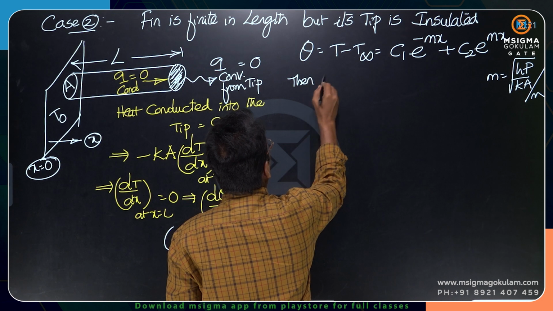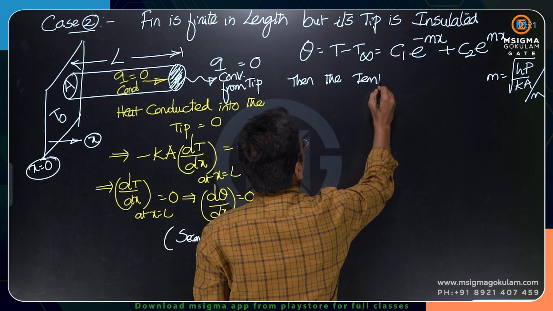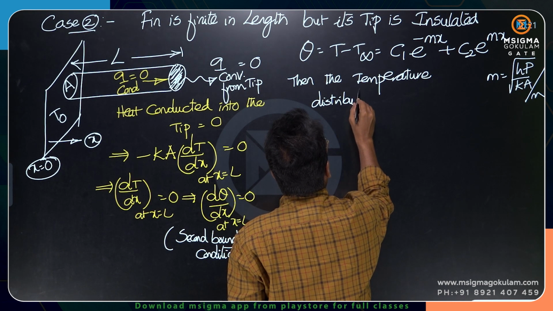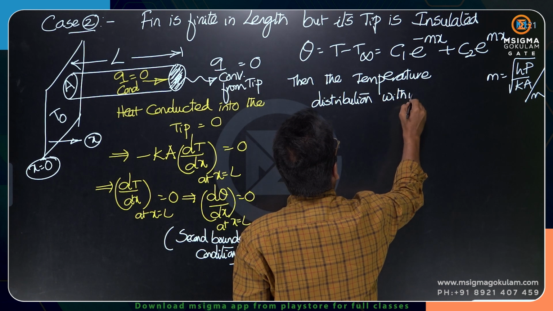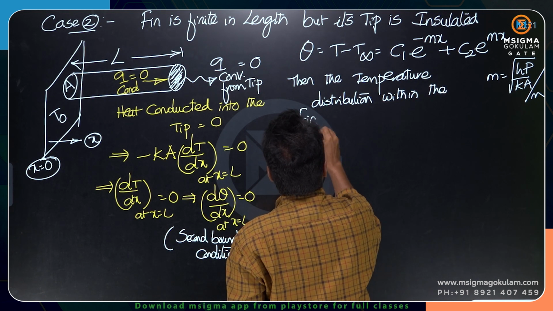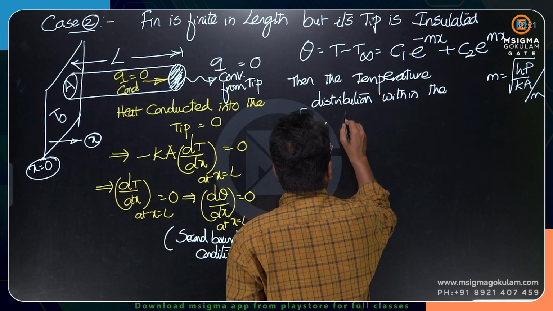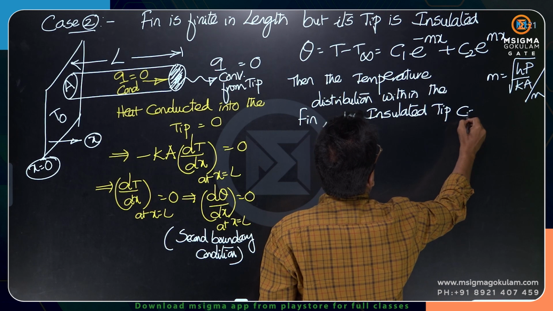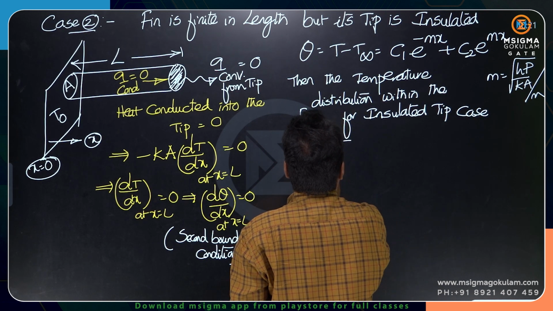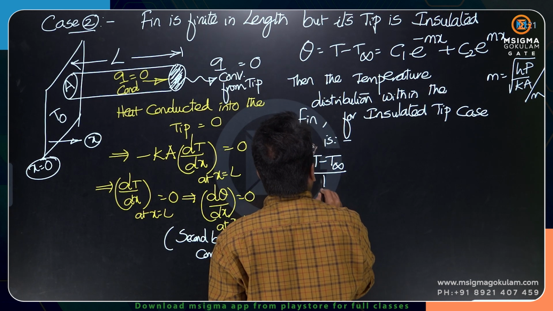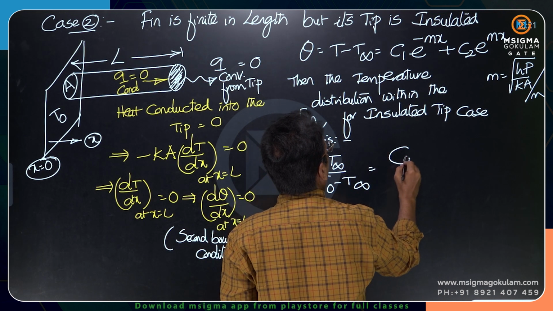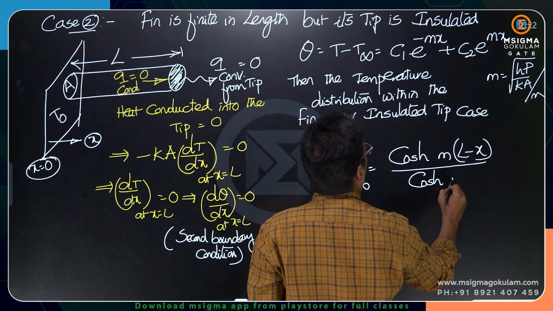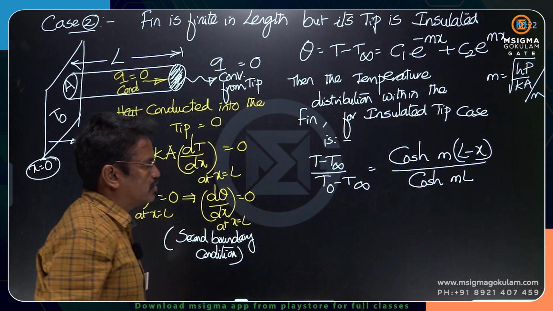Then the temperature distribution within the fin for case 2, the insulated tip case, is (T minus T infinity) by (T naught minus T infinity) is equal to cosh m(L minus x) by cosh mL.